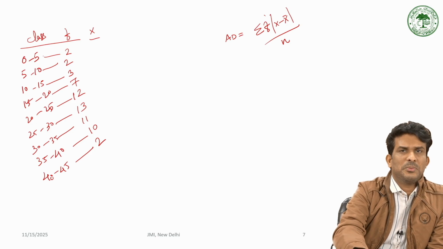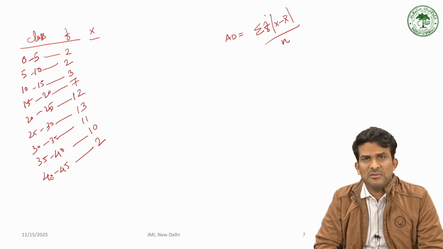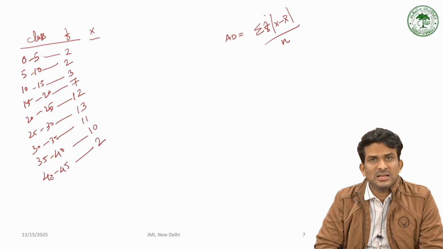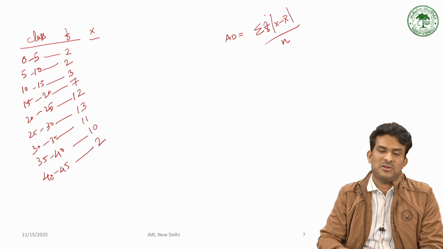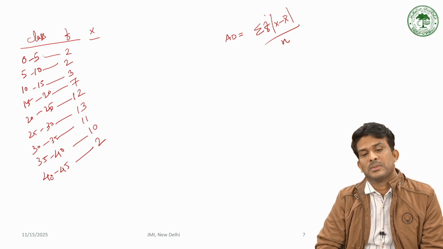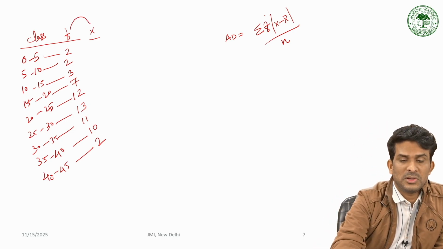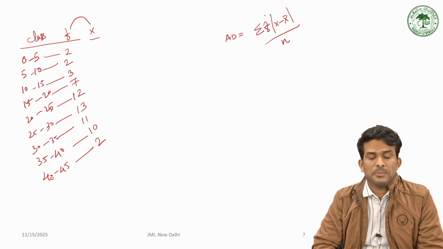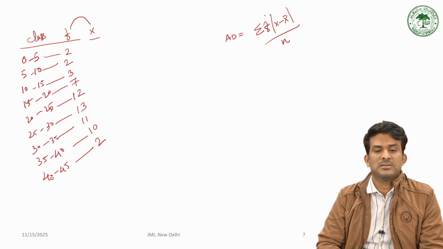0 plus 5, 5 by 2, 2.5. 5 plus 10, 15 by 2, 7.5. That way you calculate the midpoint. Midpoint and frequency should be multiplied. The product, you will get it.